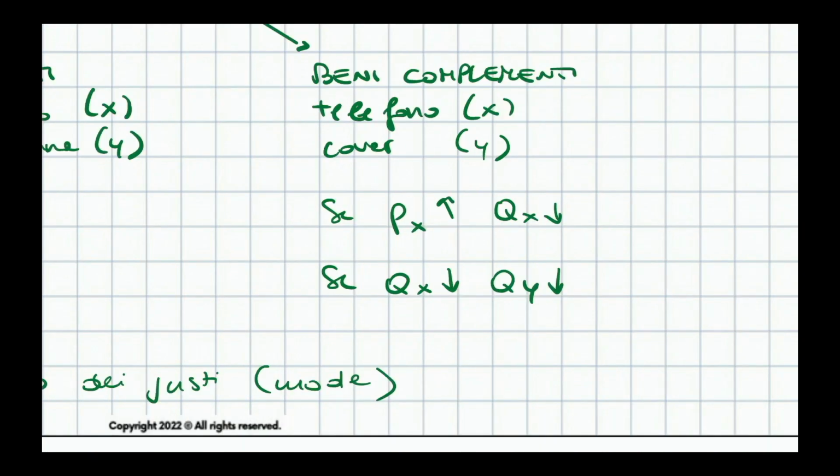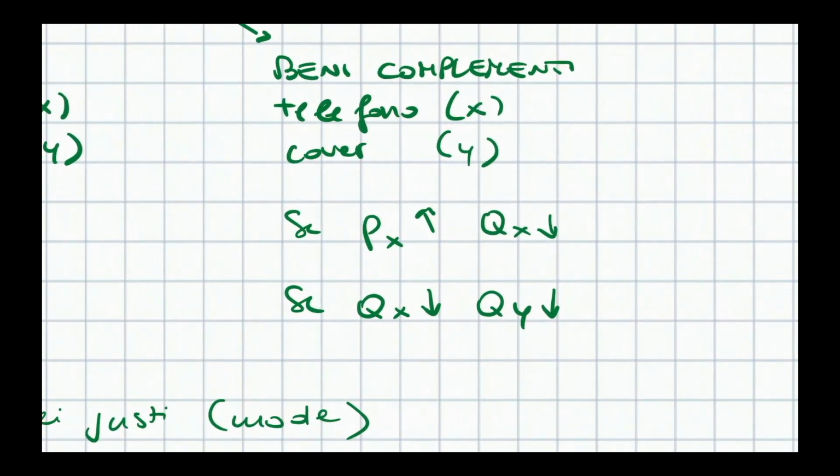In the complementary goods, we have the phone, which is our product X, and the cover, which is our product Y. What is happening? If the price of the phone increases, generally the quantity of phones demanded, or at least of that type, will decrease. However, if you purchase a smaller number of phones, it is only natural that you will also purchase a smaller number of phone cases.